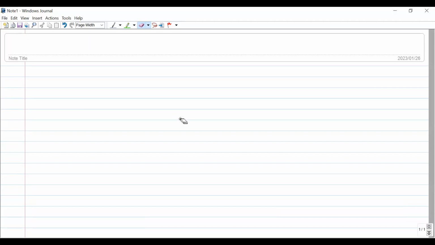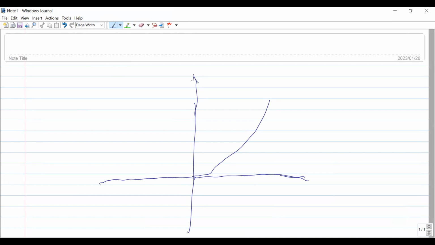Suppose that we have a function given by, this is our function. You will bear with me, I'm bad with drawings. Suppose this function is our f of x.